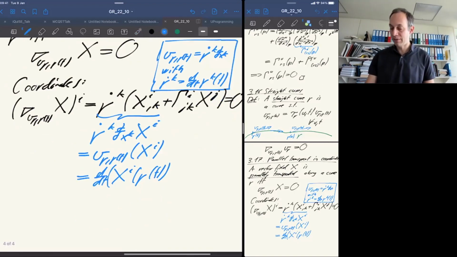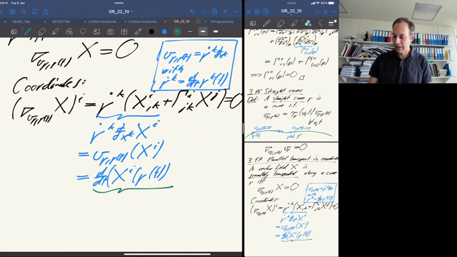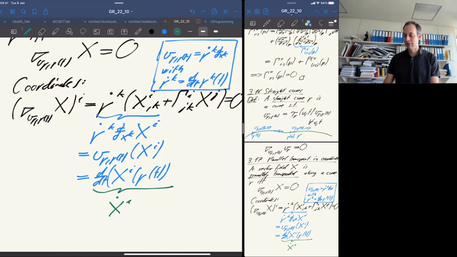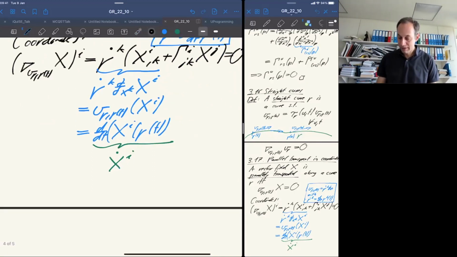That was something we did at the very beginning when we introduced velocities and directions. And now comes my notation. This thing, which is now a time derivative, I will just also denote with a dot. I will just call it x dot i without anything else. That just simplifies our lives, because I can now write this whole thing in a nice form.